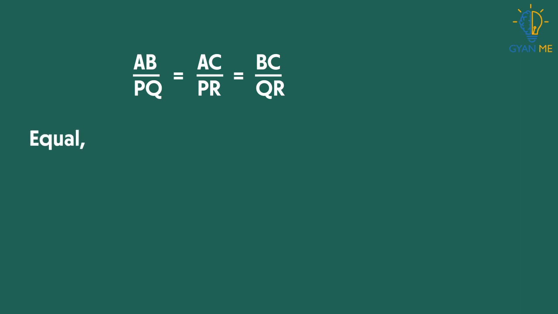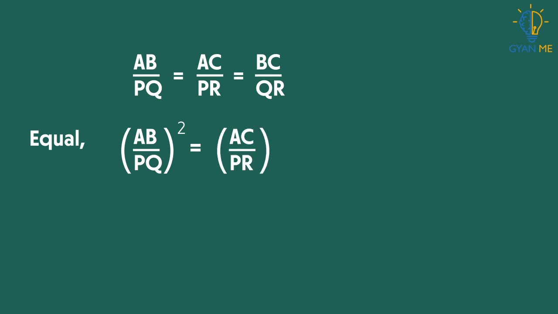Now if AB upon PQ is equal to AC upon PR, which is equal to BC upon QR, then their squares will also be equal. That is, AB upon PQ whole square will be equal to AC upon PR whole square will be equal to BC upon QR whole square.